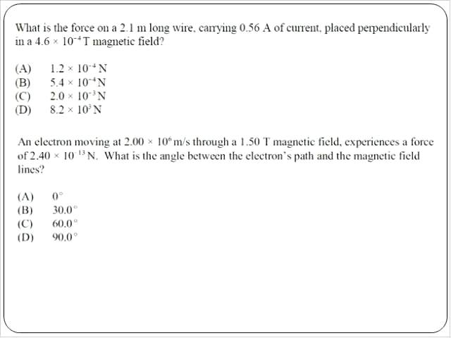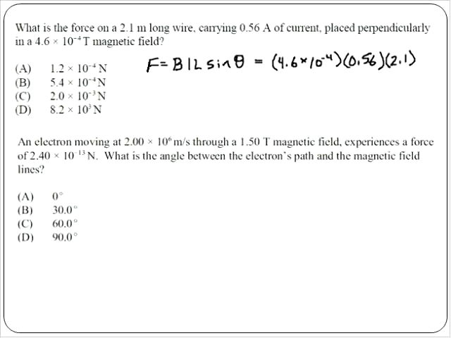This time we're actually asked for the force, so it's F equals BIL sine theta. We are given the field strength, which is 4.6 times 10 to the power of negative 4. We are given the current, 0.56. We're given the length of the wire, 2.1 meters, and we're told it's perpendicular, so that means it's sine of 90.